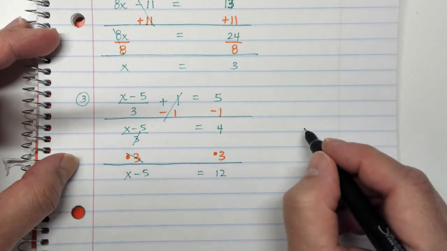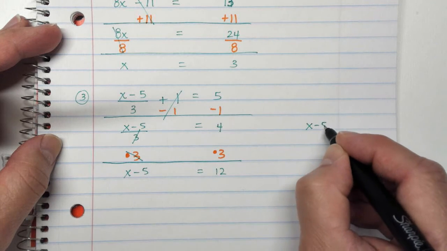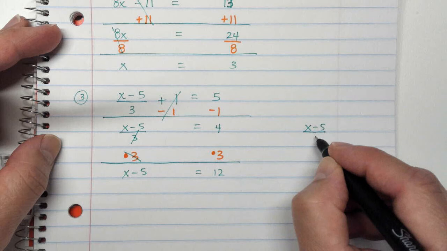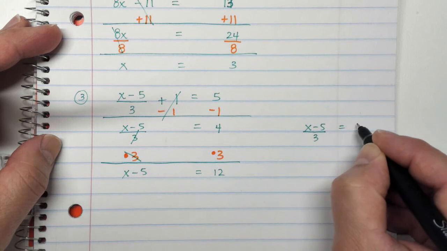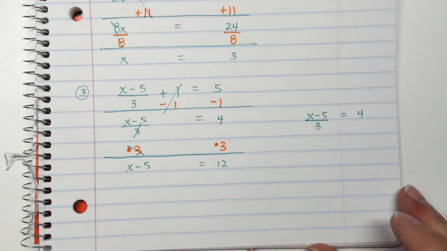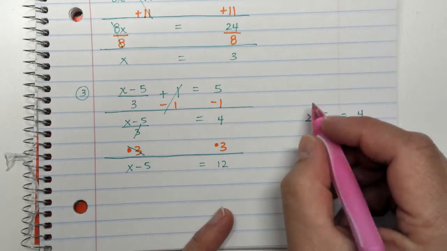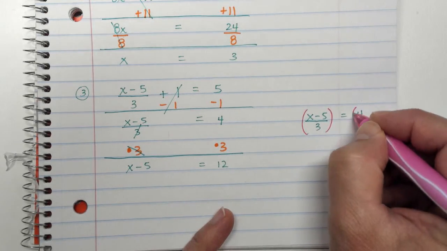Real quick over here, I'm going to show you the actual proper way to show the work if you were writing this on paper. Because someday, we're going to be in real school, and most of the time you're doing math on real paper, not typing it. So the proper way to show multiply both sides by 3 is like this.